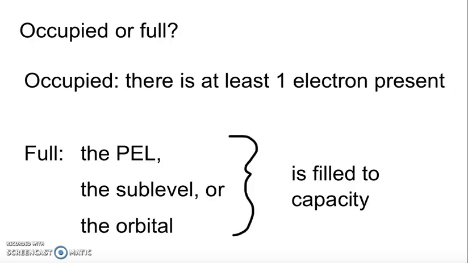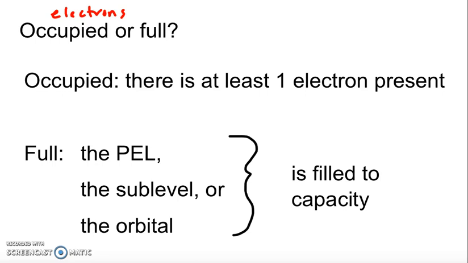The next question you're going to be tasked with determining is whether or not a certain level is occupied or full. When we say occupied or full, we're referring to: are electrons occupying the sublevel? Are electrons full up in that particular area? We say it's occupied if there's at least one electron present.